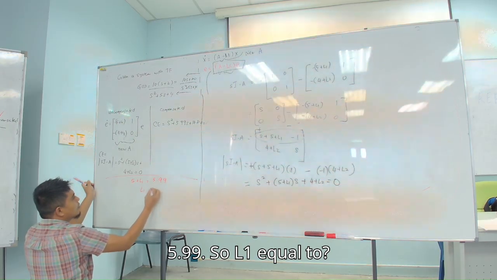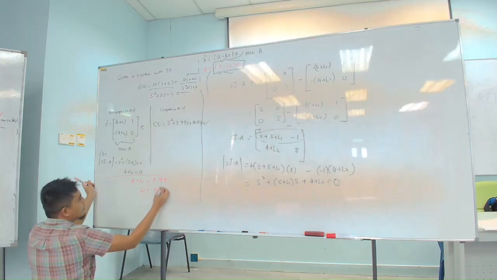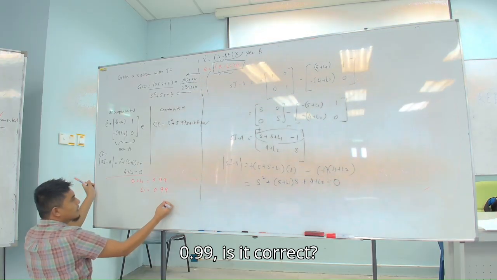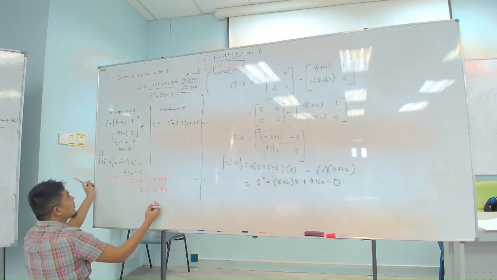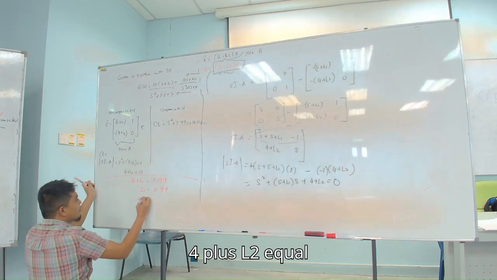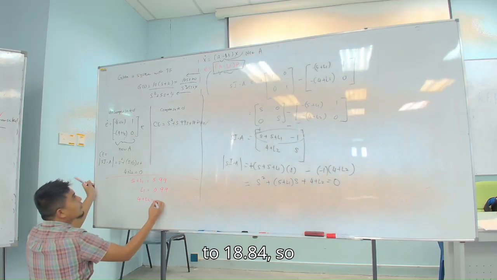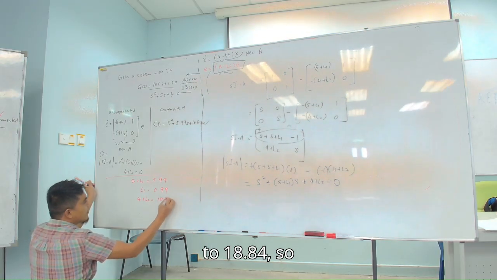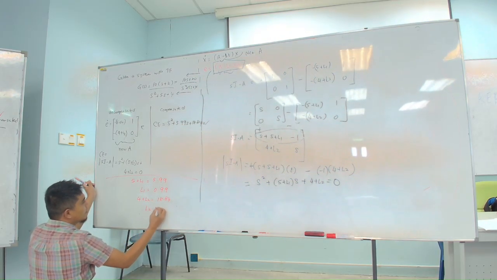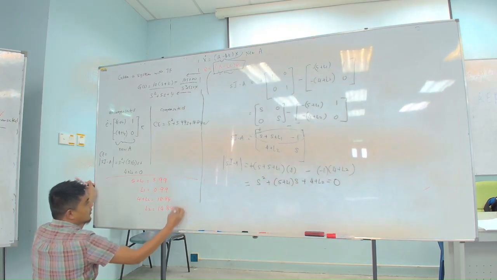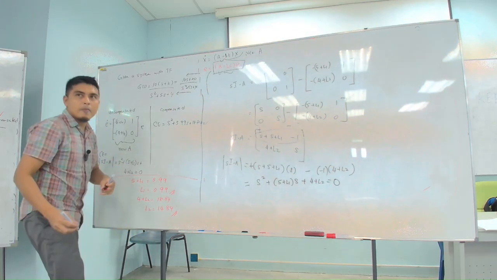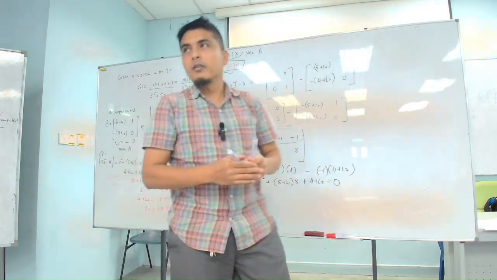So L1 equal to 0.99. Is it correct? 4 plus L2 equal to 18.84. So L2 equal to 14.84. So this is the answer. Okay?